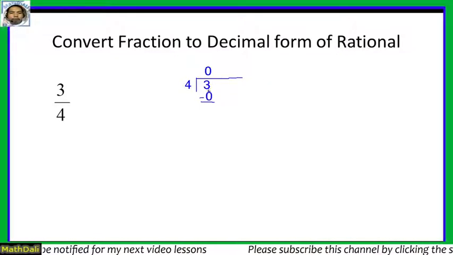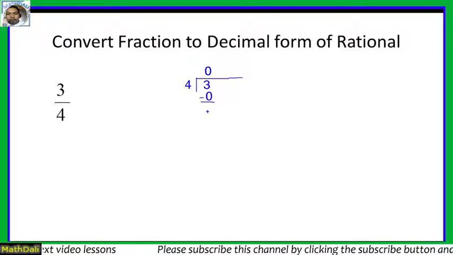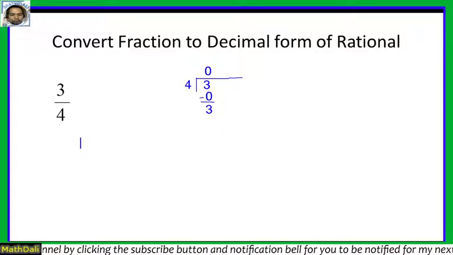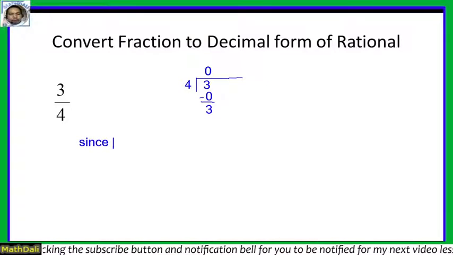Then, subtract natin, 3 minus 0. That will be equal to 3. So, this time, we all know that 3 is the same.